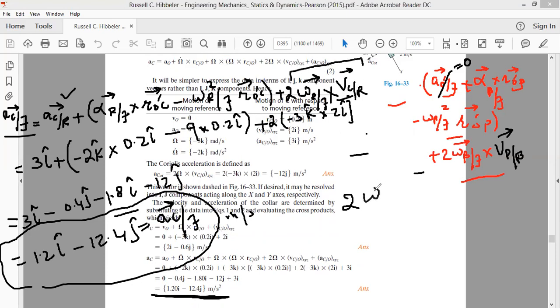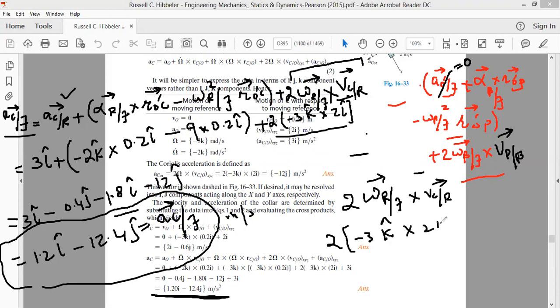That is twice angular velocity of rod with respect to ground, and its cross product with velocity of collar with respect to rod. That for us, we have done it here. That is 2 times minus 3k cap cross product with 2i cap.